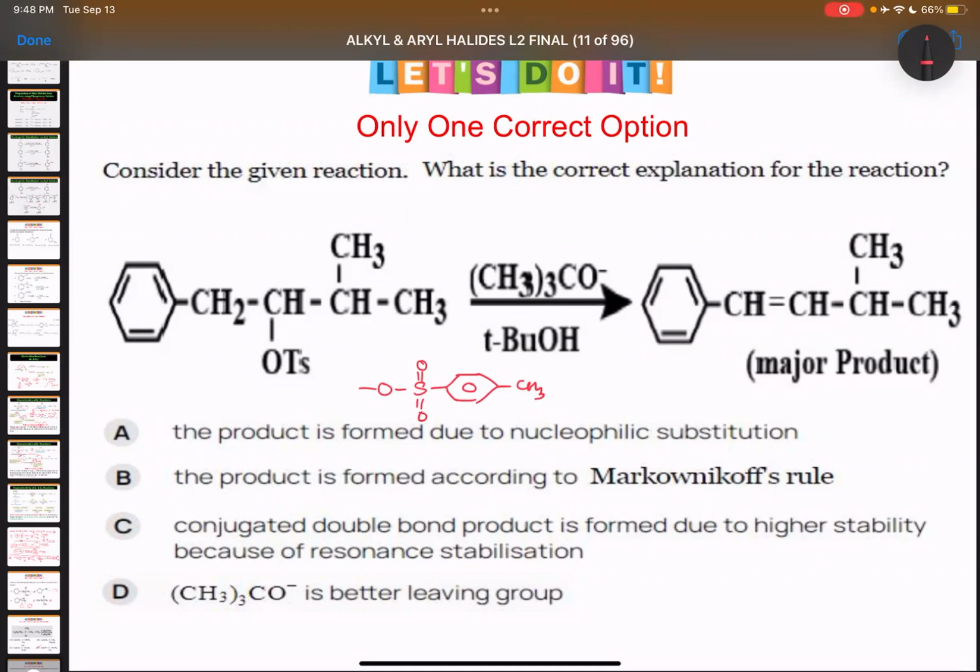Is this a substitution reaction or elimination? Sir, elimination. This is an elimination reaction. So is it C, sir? It is C. Yeah, correct. Good. So is it clear now? The reaction overall seems to be very difficult, but it is easy if you know the concept.